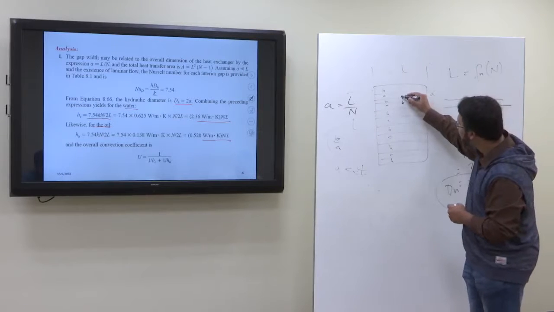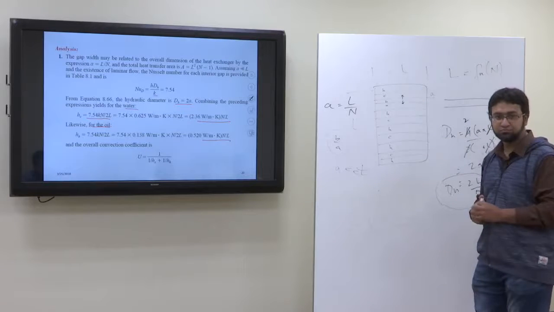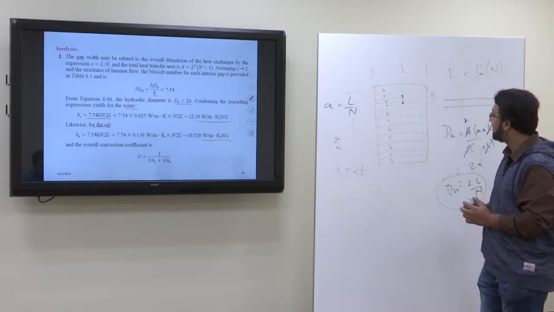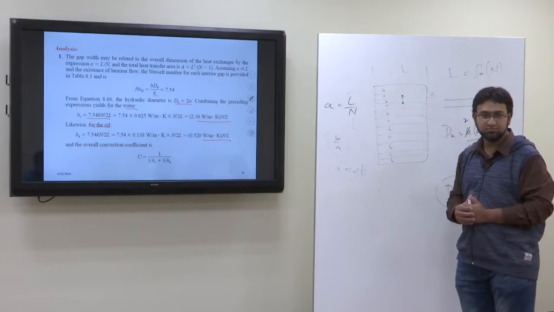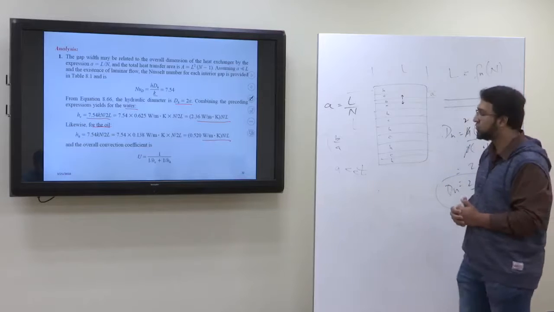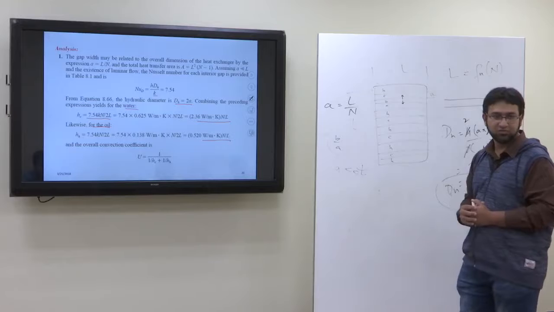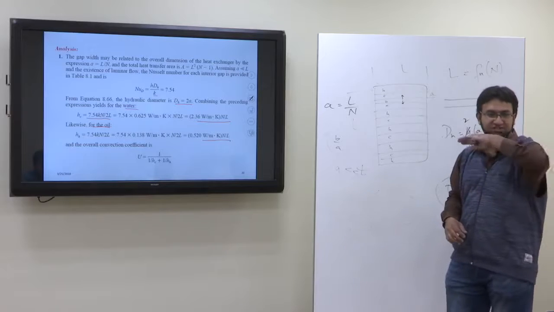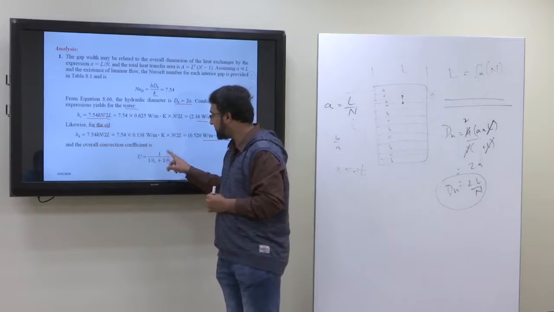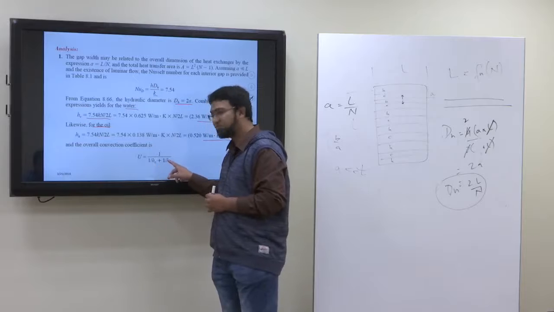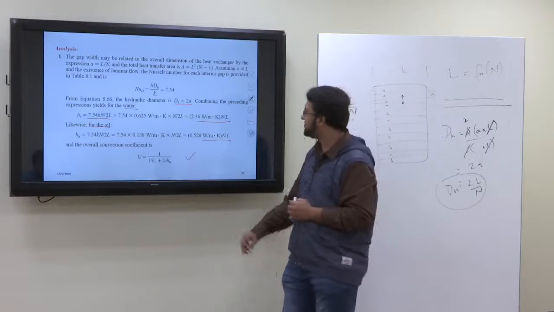The plate thickness is negligible, so we only have the hot side convective coefficient and the cold side convection coefficient. And the areas are also the same because this is a plate. So the overall convection coefficient will be 1 upon (1 by Hc plus 1 by Hh). Is it clear? Yes. That will be the coefficient.